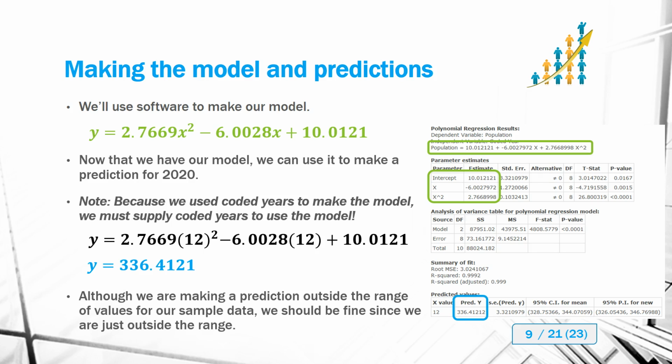You still want to take that with a grain of salt, because who knows what the function's going to be doing, but most functions that we see in the real world don't have radical changes at a single point. There's usually some sort of transition between different slopes of the line. So if you're just outside the range of values that was used to create the model, you should be okay for making a prediction.